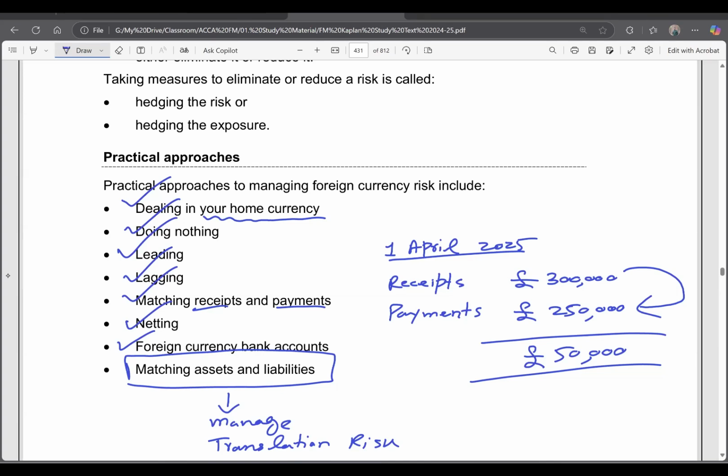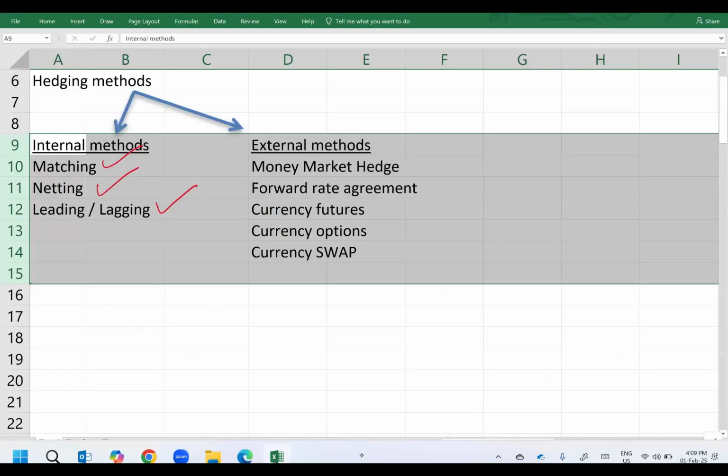So when you do that, your assets and liabilities both will be in the same currency, and you don't need to worry about any exchange rate fluctuation. Okay, so these are some approaches that you can use to manage your foreign currency risk internally, right?